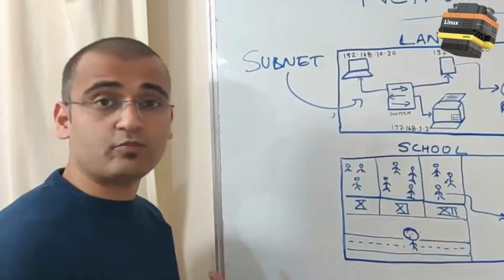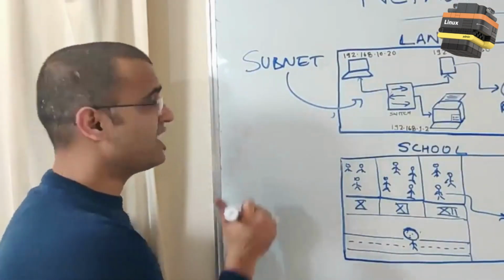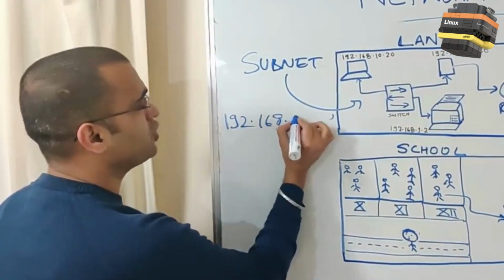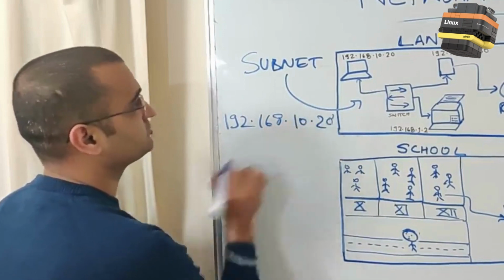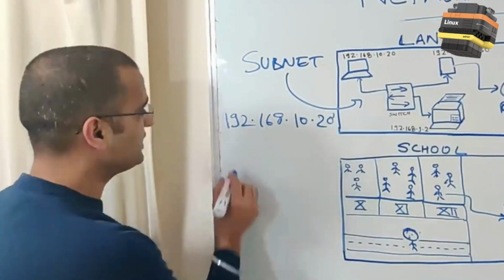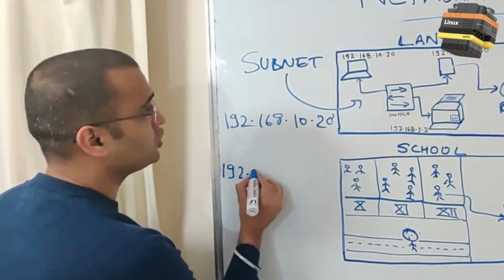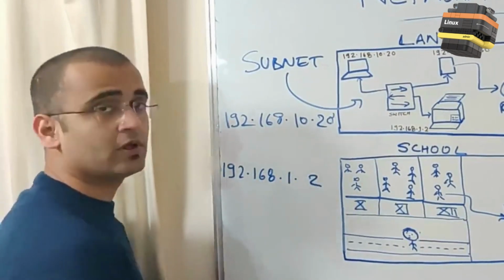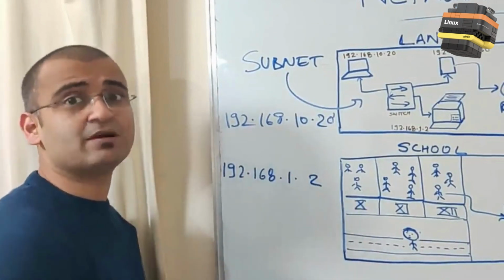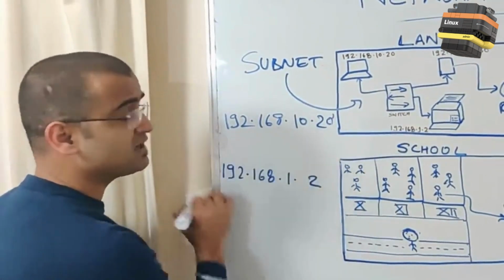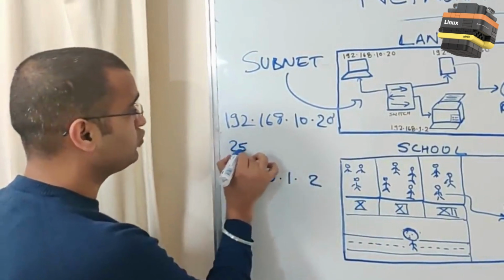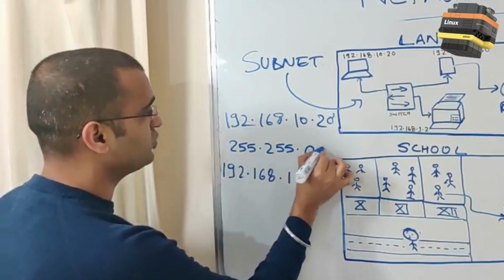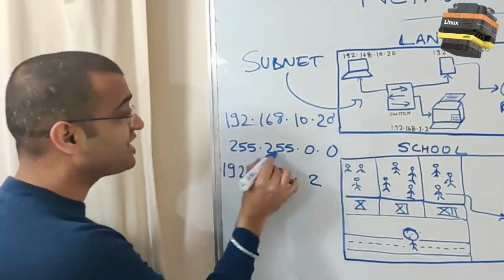I'll tell you how. Suppose the IP address of this particular laptop is 192.168.10.20 and the IP address of this printer is 192.168.1.2. Between these two sits the subnet. So the subnet for this particular local area network could be 255.255.0.0. What does this mean? These are the flags.